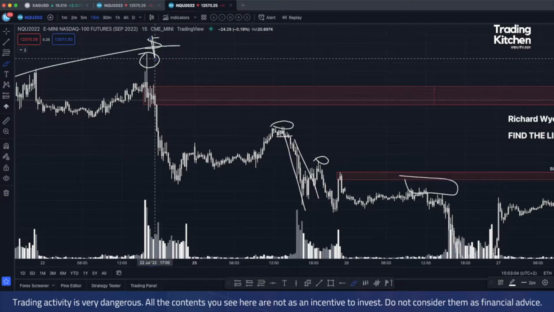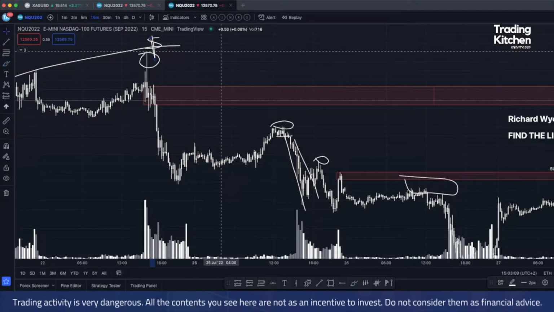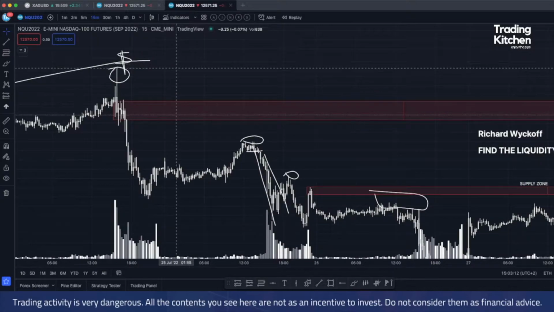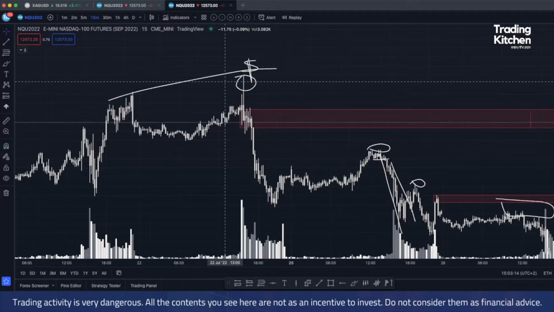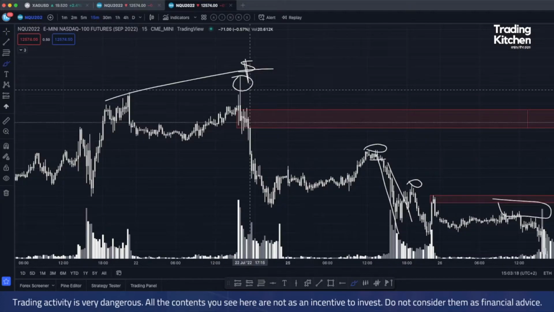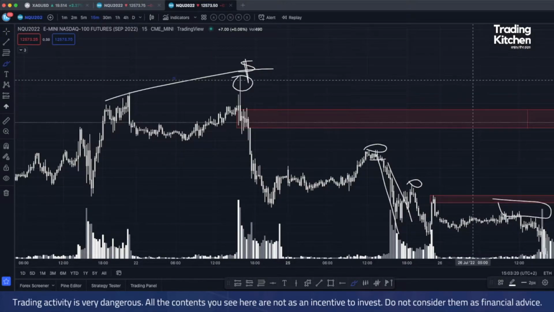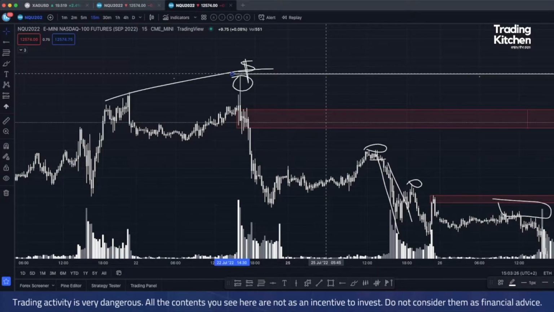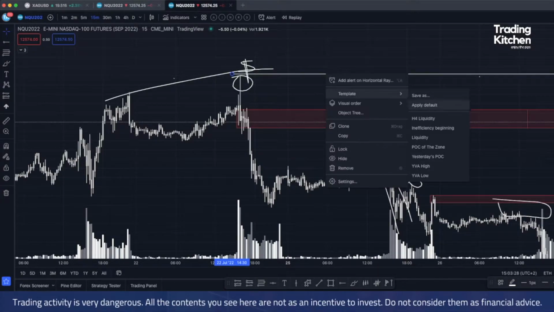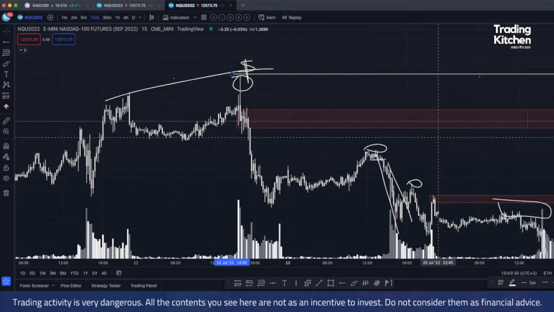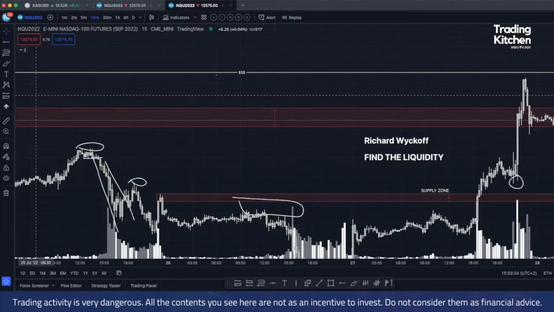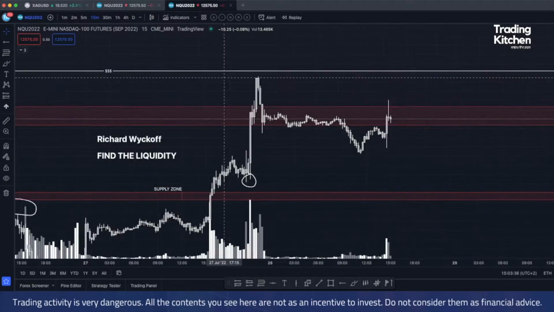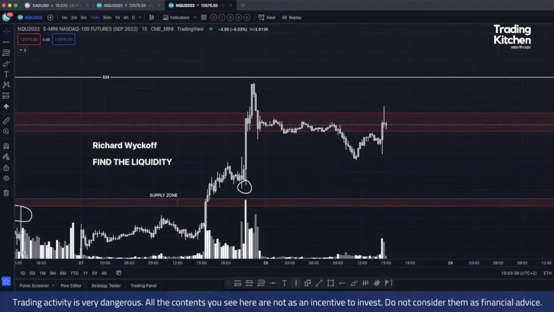Because if here there is liquidity, it means that when price breaks this level again, above here, probably something will happen. Okay, so when price is going to touch again and break this high, price will do like this.